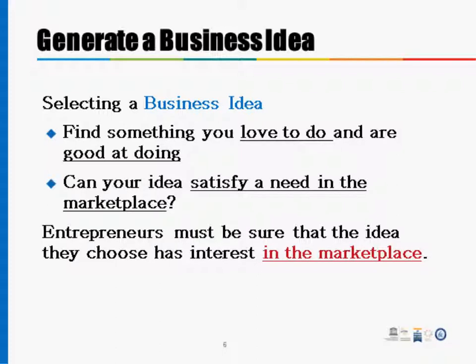So I recommend never starting to develop any product or service if it is not acceptable in the market. You may have good technique, you may have some good ideas, but you should make sure your idea is acceptable in the market. That is the most important part in business planning.